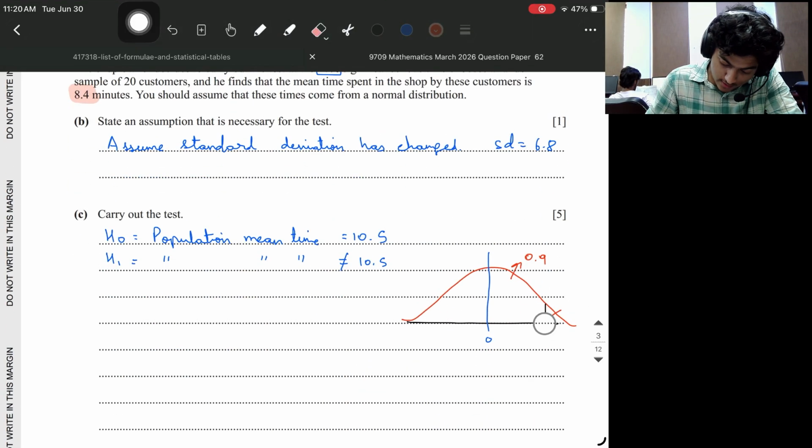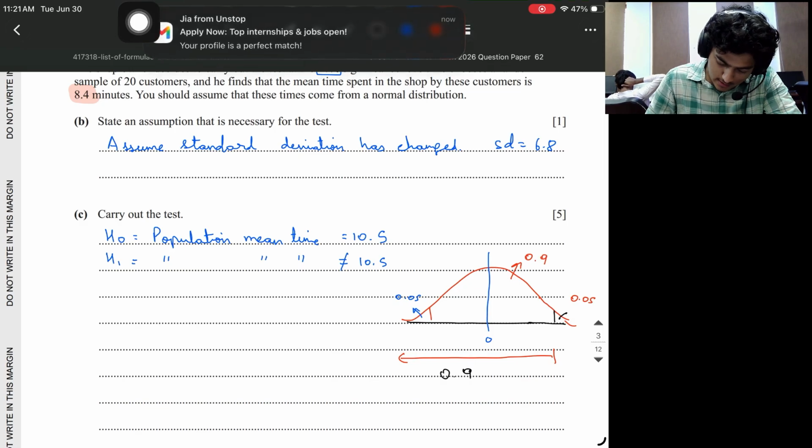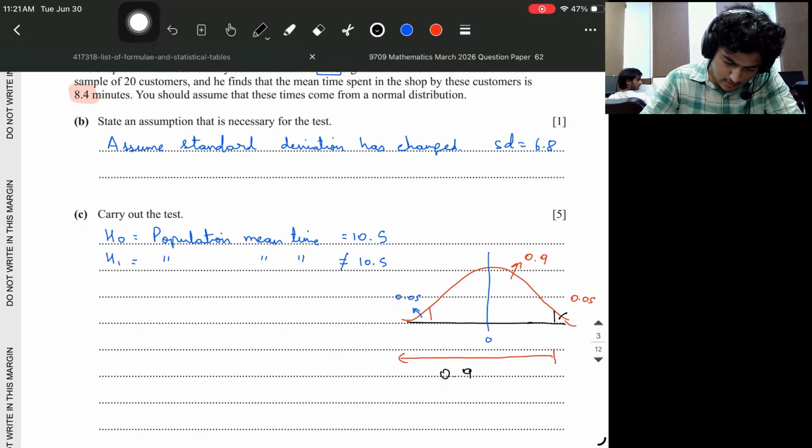One thing that I forgot to mention here was since this is a two-tailed test, our actual significance level is going to be 0.05, right? So the probability over here will also be 0.05. And what we're actually finding out, as stated earlier, is that whatever your z value is, it is towards the left hand side. Therefore, we will be looking for the z value of 0.9 plus 0.05.